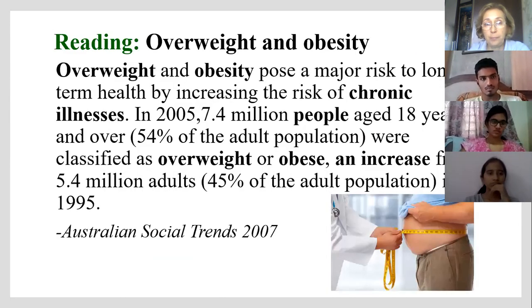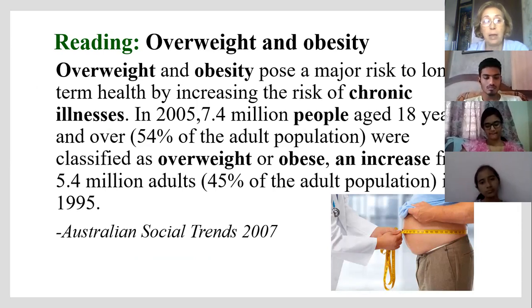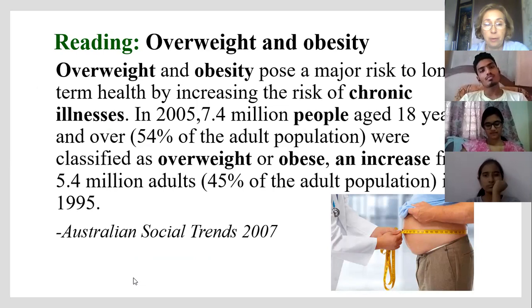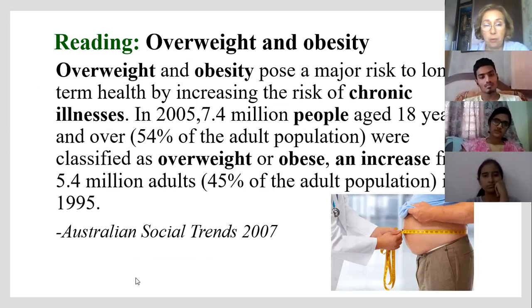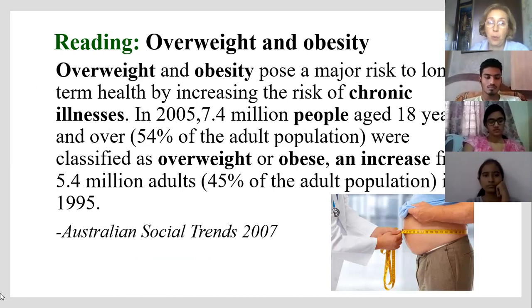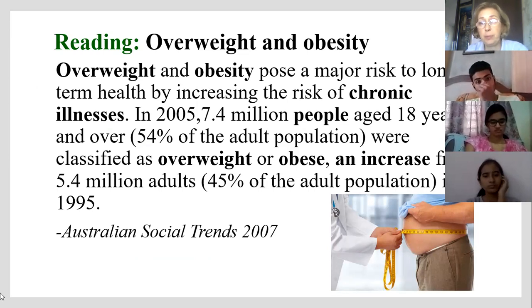Well, here we are going to start some reading, and there is the information from the Australian Social Trends year 2007, and this is about overweight and obesity. Overweight and obesity pose a major risk to long-term health by increasing the risk of chronic illnesses.